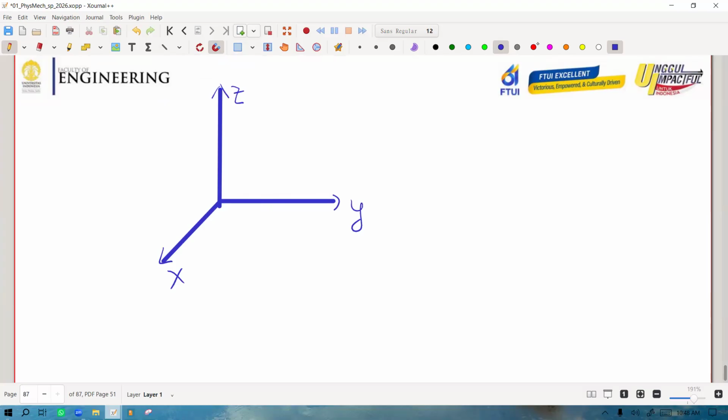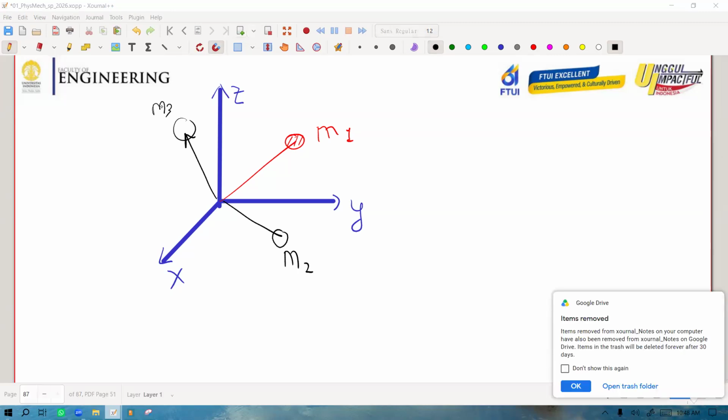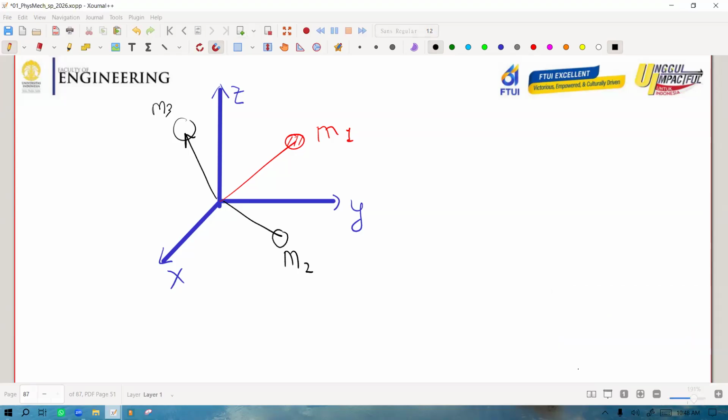Then you have so many particles. For example, this one is particle 1, mass 1, another particle, mass 2, another particle, mass 3, and so many. And then all of them are rotating in the same way, in the same direction.